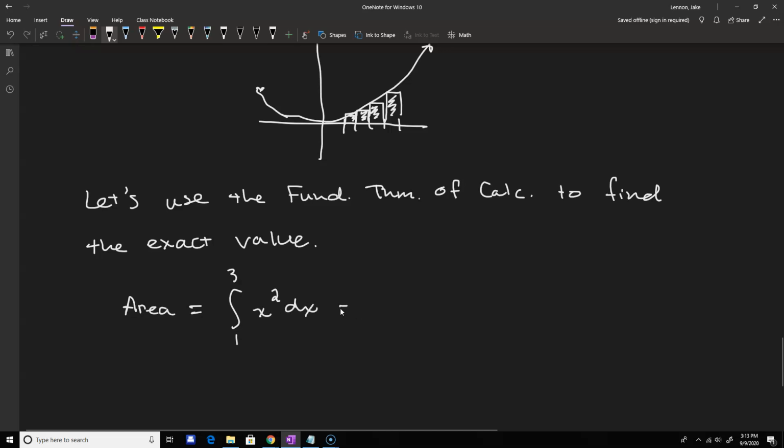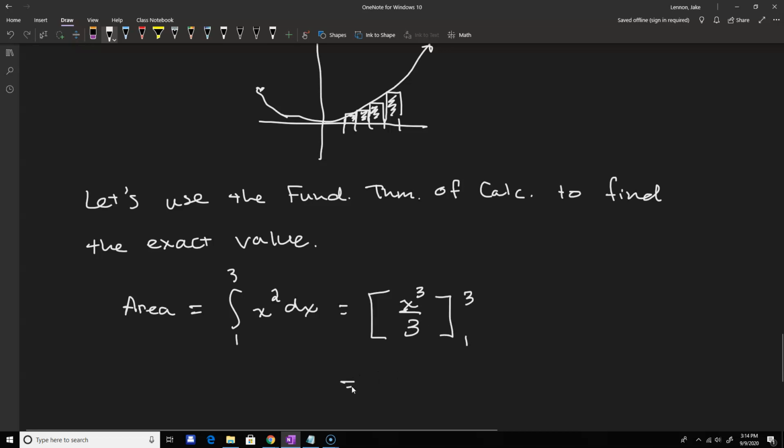So what we do is we find the antiderivative of x squared, and we can pick whichever one we want. So really what you do is you just always pick the constant to be 0 that you're adding to the end, because that's the easiest one to work with. It doesn't make anything more complicated. So this would be x cubed over 3, and we're going from 1 to 3.